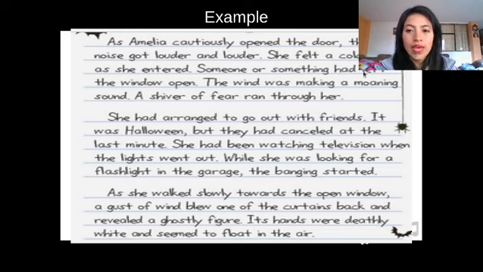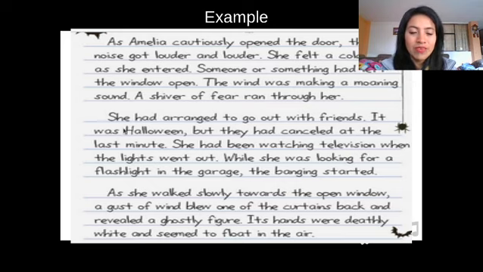Someone or something had left the window open, past perfect, for an action that happened before another action in the past, right? The wind was making a moaning sound. This is atmosphere too. A shiver of fear ran through her.